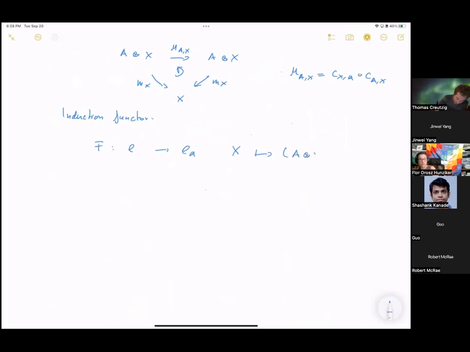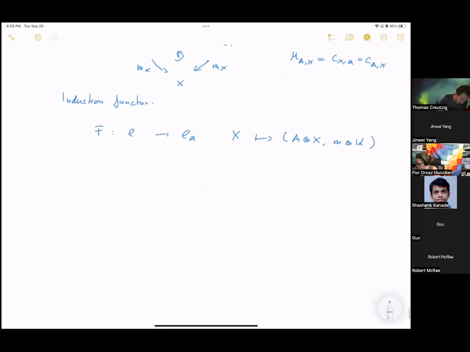I could just take the tensor product of A with X, because then I have a multiplication map that is just the multiplication on A composed with the identity on X. And this functor is a tensor functor. In fact, if you restrict to the subcategory of modules of C that induce to local modules, then it's even a braided tensor functor.